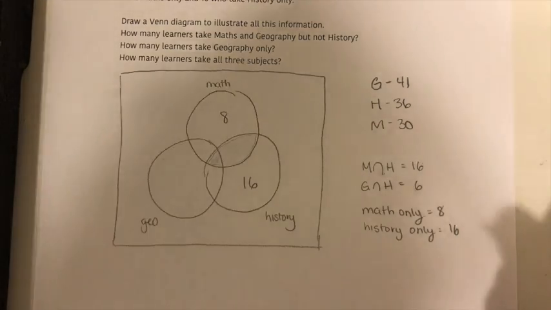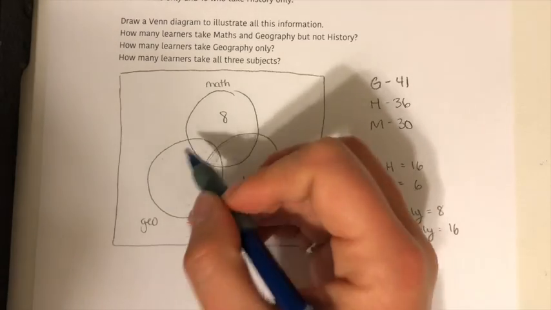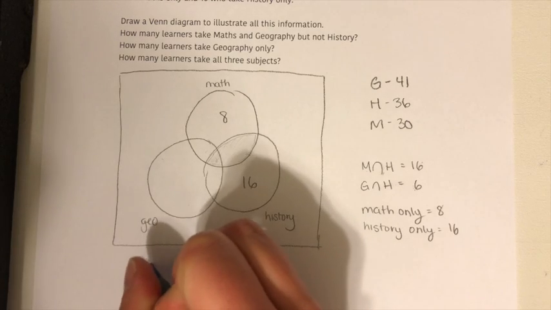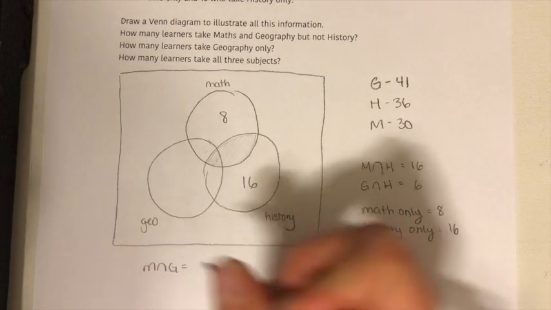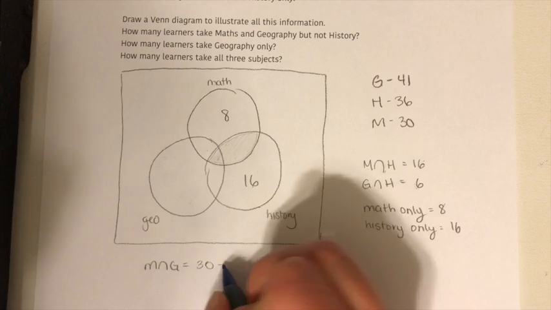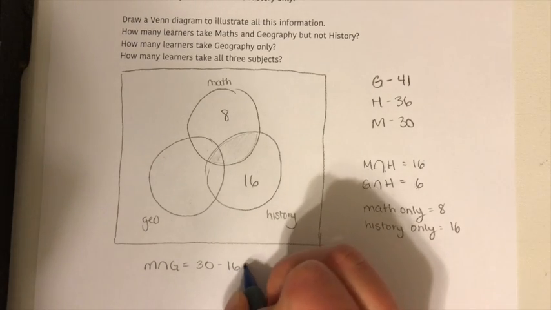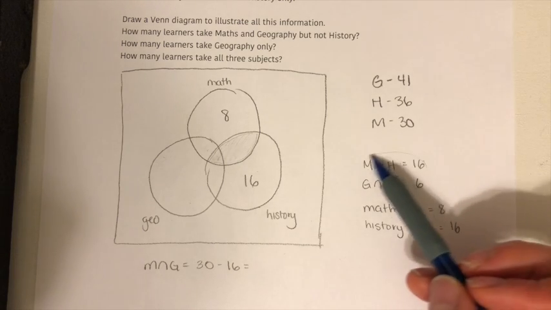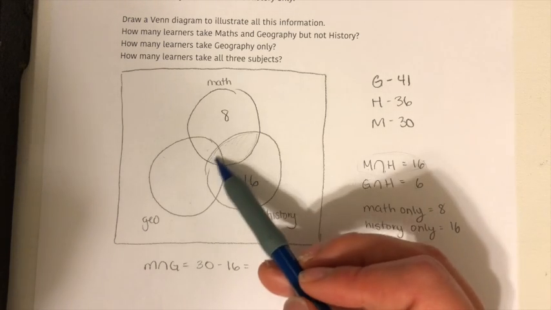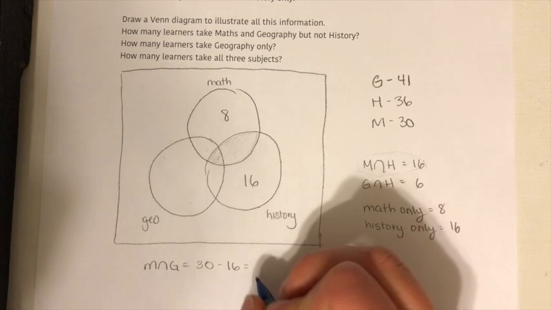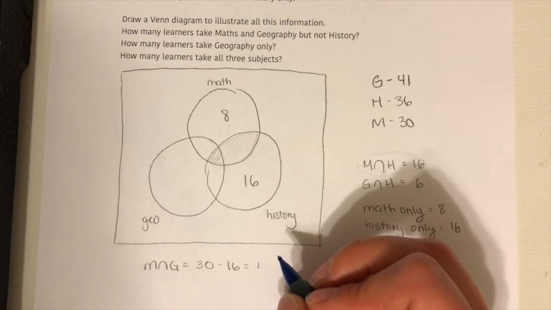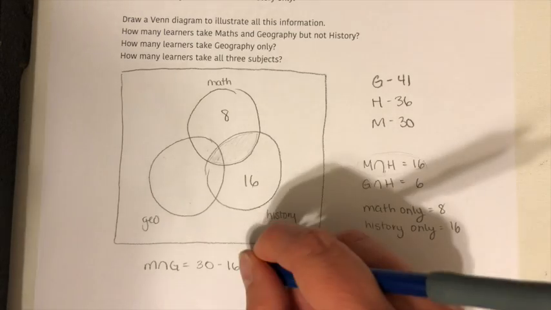Okay, so to figure out the intersect between math and geography, we can say, okay, there's 30 people taking math minus the 16 people that we know are taking math and history. So that's subtracting here, minus the 8.